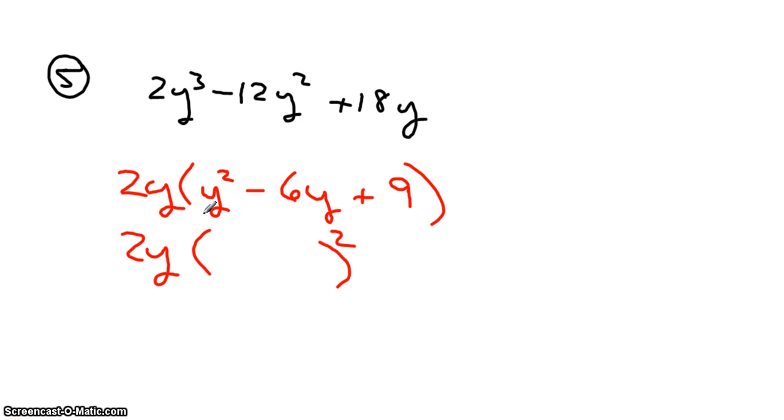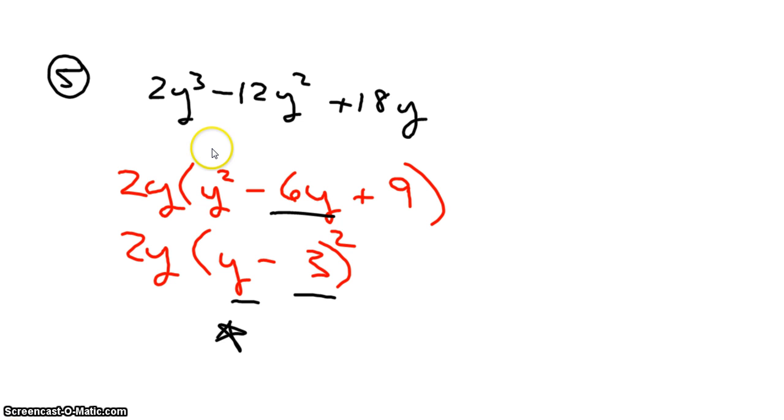And so, Kyle, what's the square root of y squared? What's the square root of 9? And what would the sign be in the middle? And so tell me, when you multiply y times negative 3, what do you get? And negative 3y twice, does that equal negative 6y? Yes, so good. Got it. And there it is, completely factored.